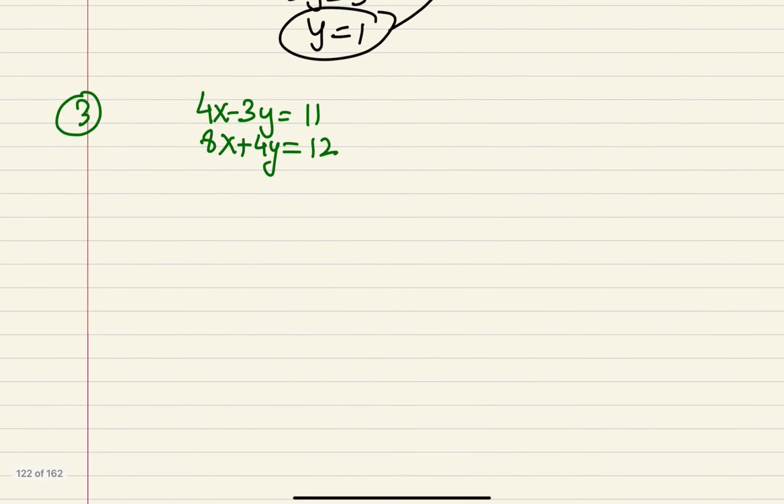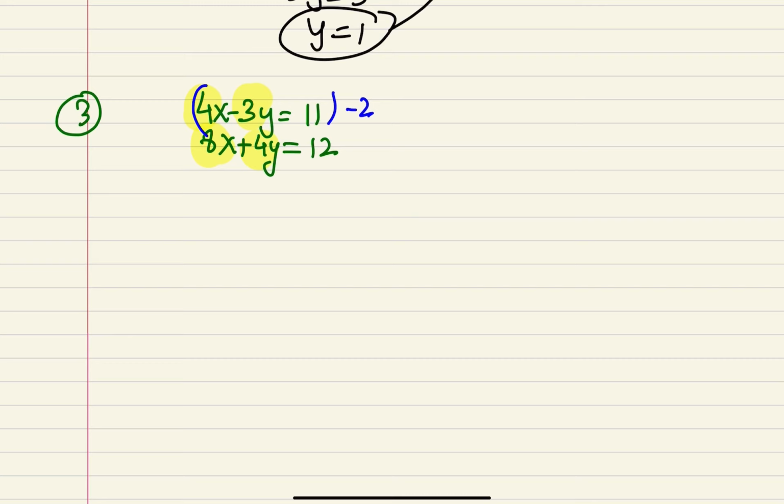In the next example, it's not easy for me to get either x or y by itself in any of these, because all of the x's and y's have a coefficient other than 1. So if I do try to isolate the x or y, I will most likely have fractions involved, and I want to avoid them. So what we're going to do is multiply the first equation on both sides by -2.